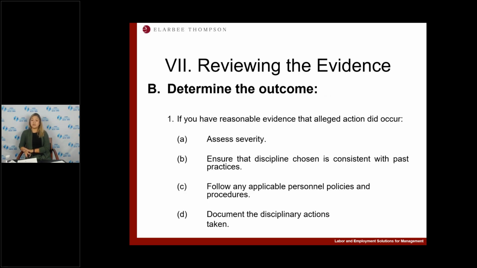And then when you're determining the outcome, whether or not discipline is warranted, if you have reasonable evidence, you assess the severity, you look at your policies, you again go back to consistency, what has been done in the past for the same kind of behavior, and then you document the disciplinary action.